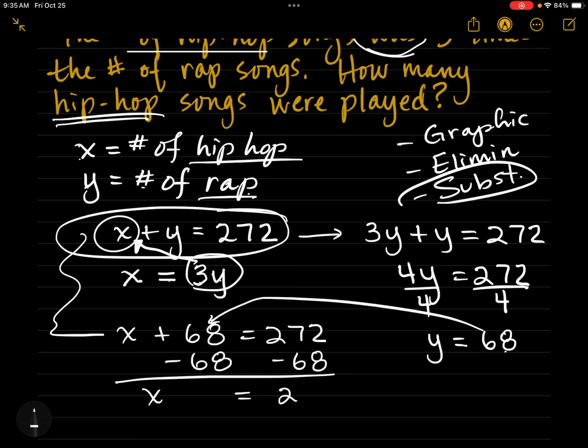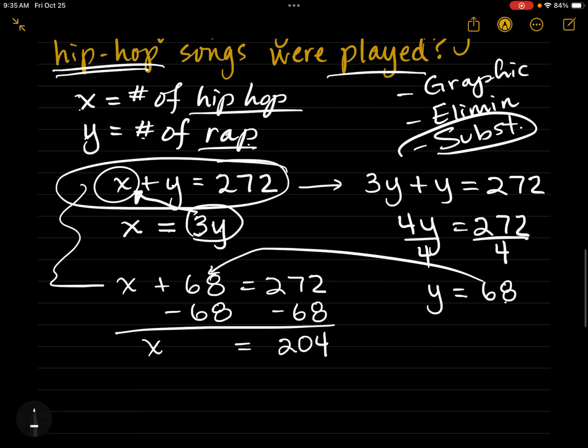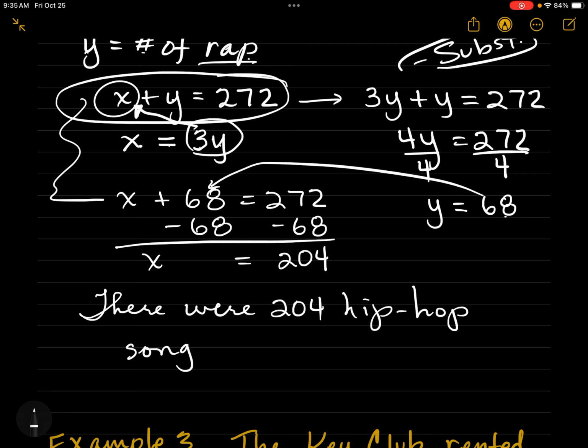And looks like there's 204. So we have to make sure we answer the question, how many hip hop songs were played? There were 204 hip hop songs played that Saturday or that day.